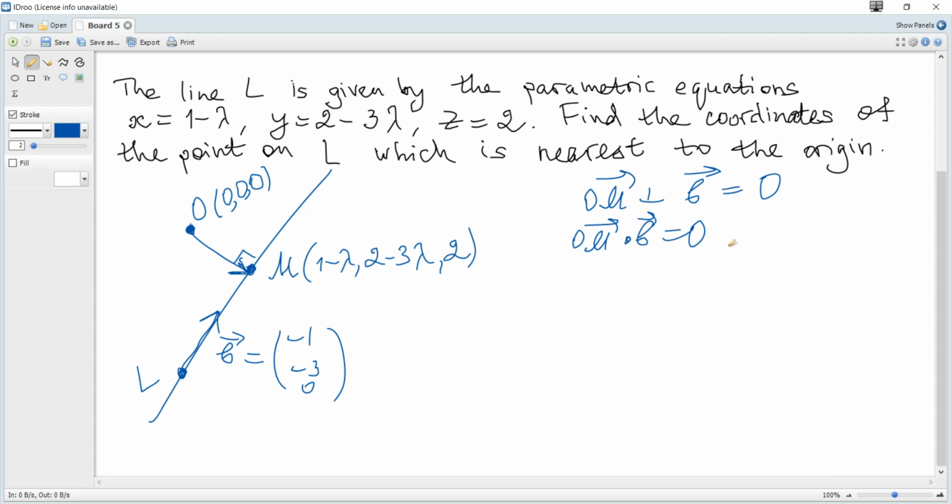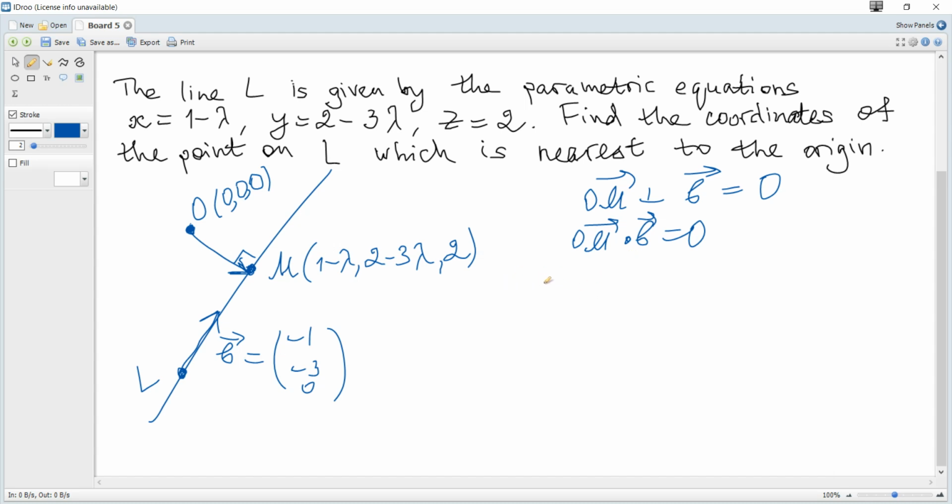It's x by x plus y by y plus z by z. So we equate the dot product to 0 and solve for lambda. If you know lambda, you substitute and get the coordinates of the required point. And if the distance is required, you use the formula for the distance between 2 points, or if you know the vector, you apply the formula for the magnitude of a vector.